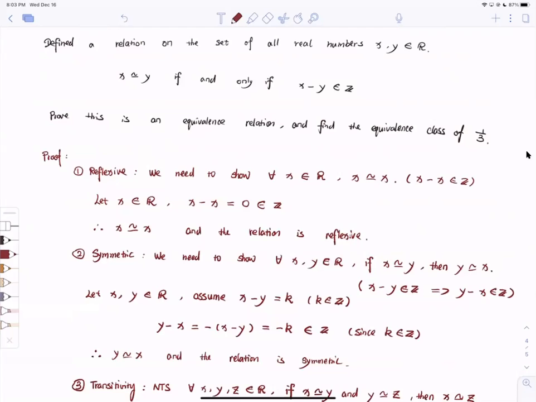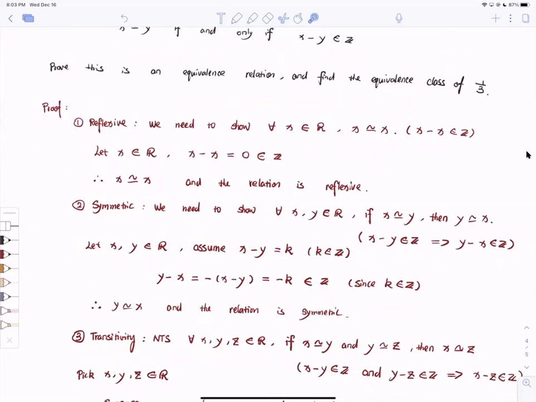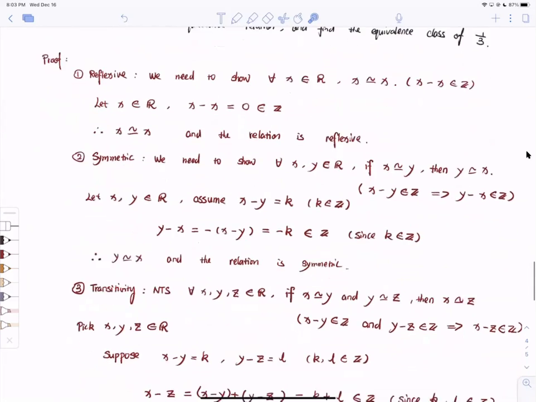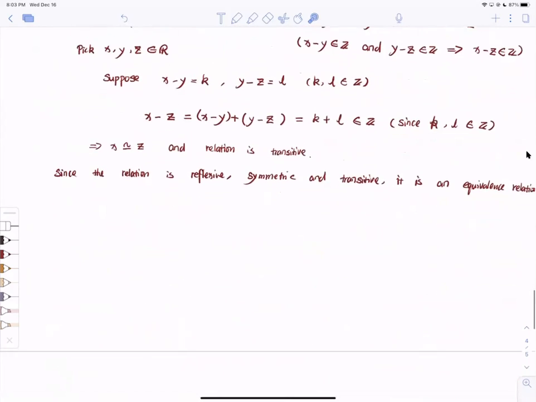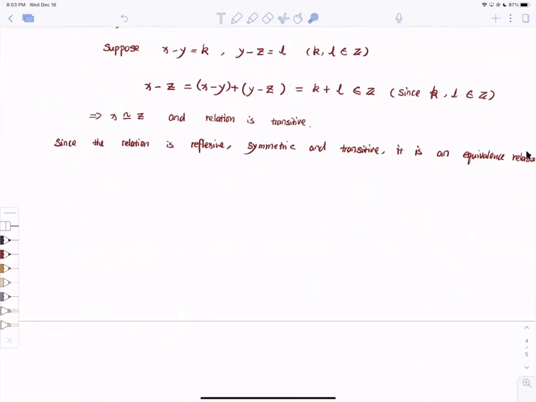Okay. So now we need to find the equivalence class of 1 over 3. Now, what's the definition of equivalence class? Anyone remember? So the equivalence class of 1 over 3 equals what?